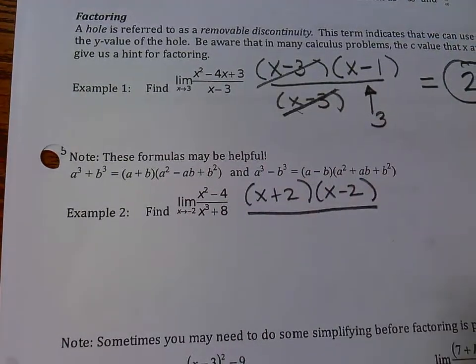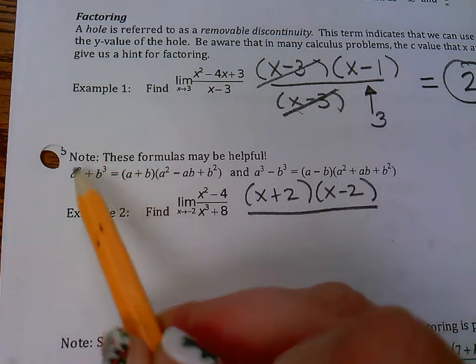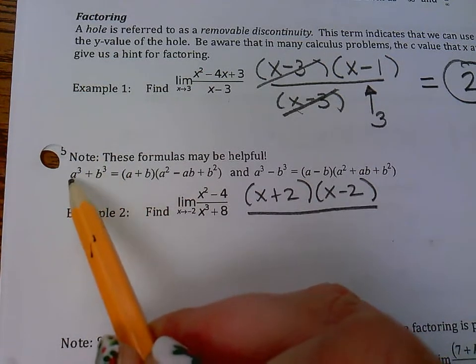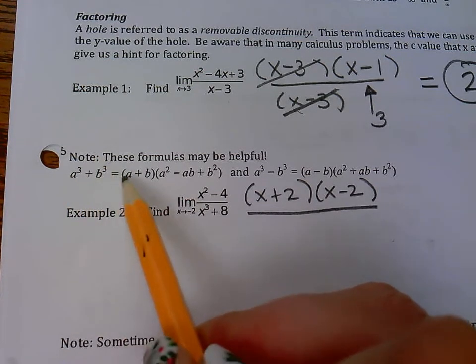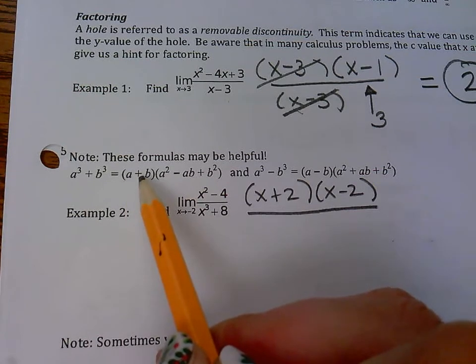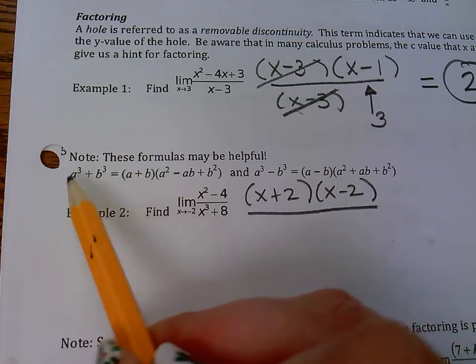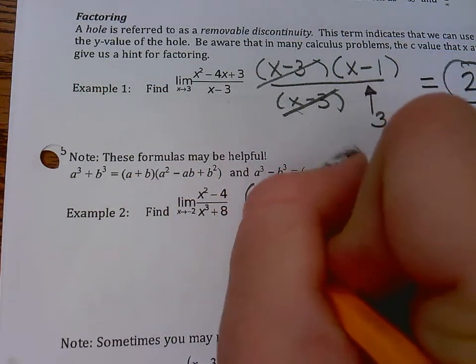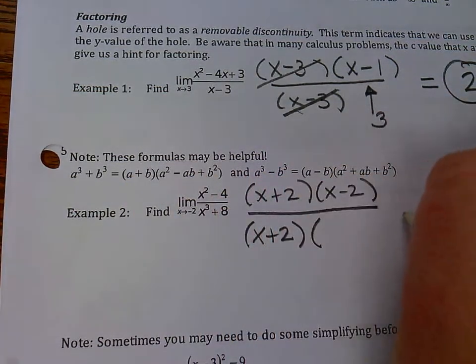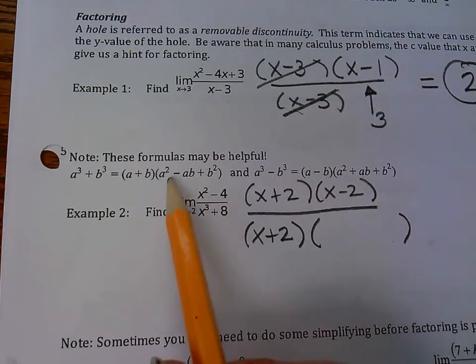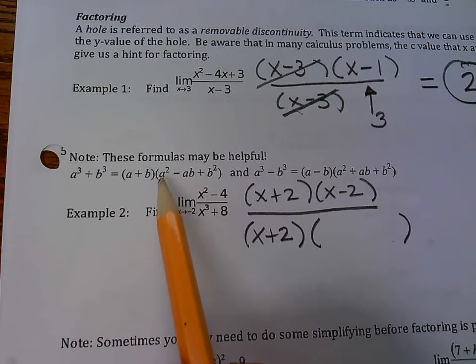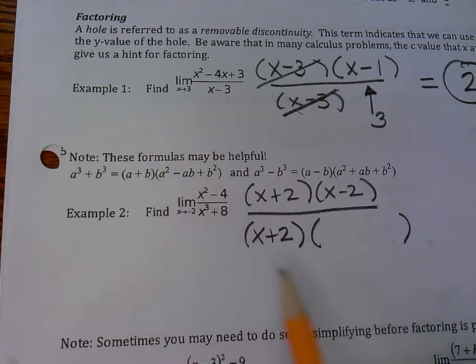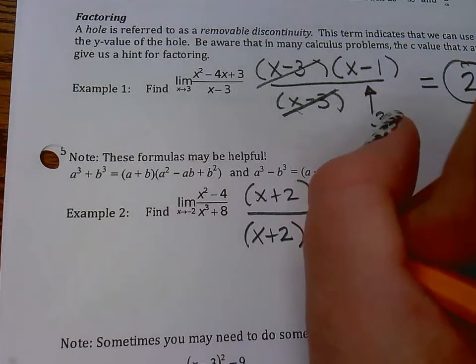And then the denominator, if it's x cubed plus 8, I go up here to the formula, right? a cubed plus b cubed. I just want a plus b. So I'm taking the cube root of both terms of that. So I would just get x plus 2. So there's my x plus 2 that I'm going to cancel. So now I have a trinomial. So the trinomial in the formula says take a squared. So in this case, it'll be x squared.